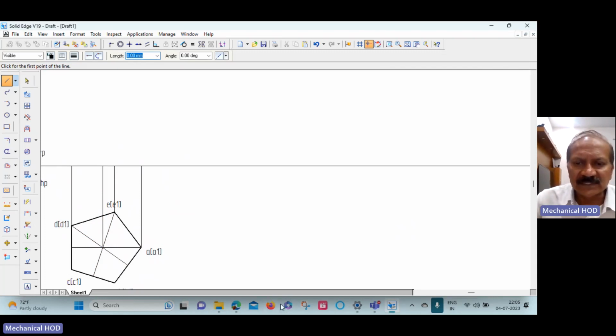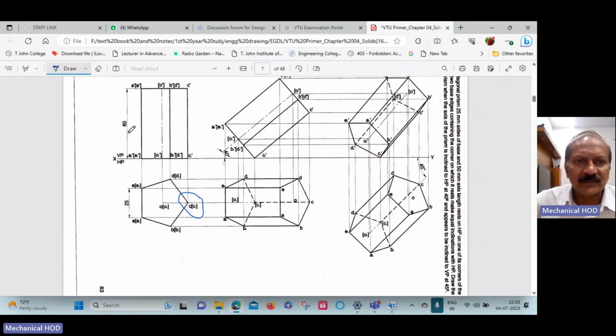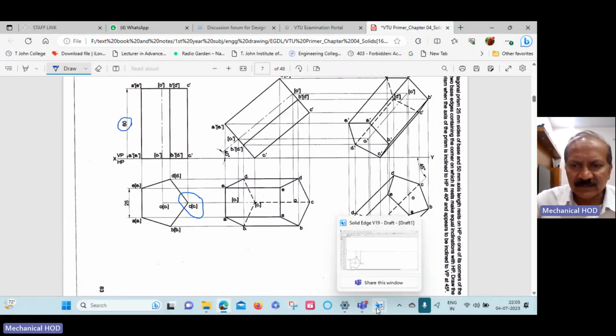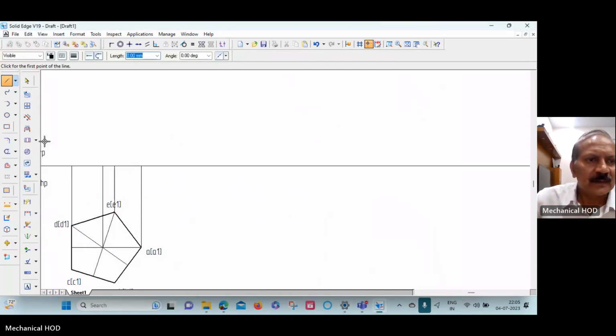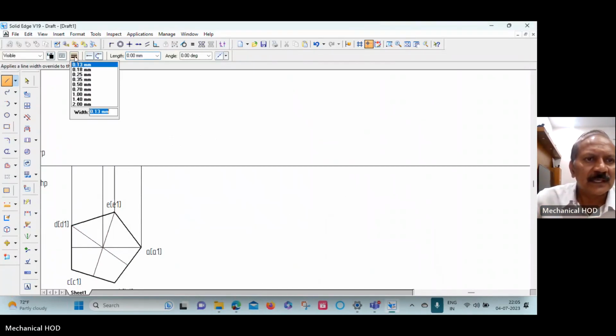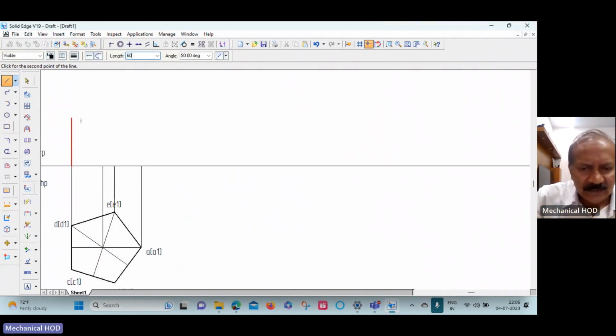Height of the prism. What is the height of the prism given? 60 mm. Height of the prism is 60 mm. Take a line here, 60 mm height, angle 90. Enter.